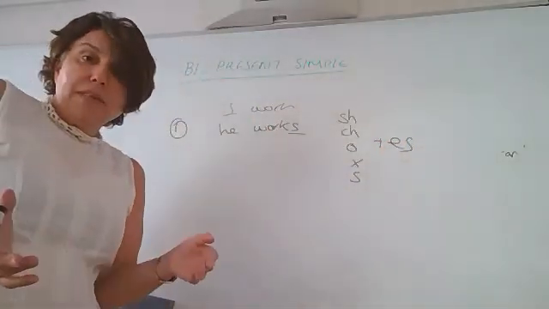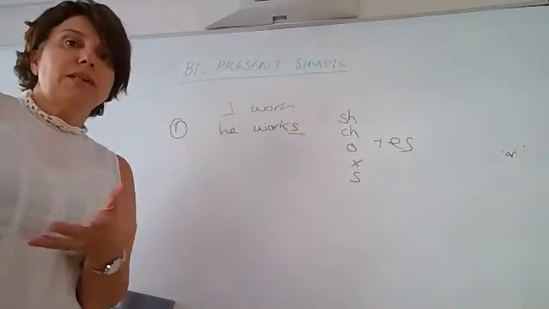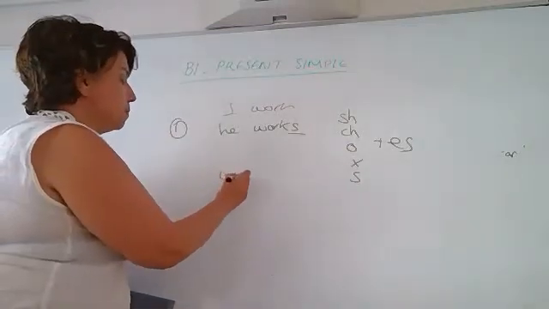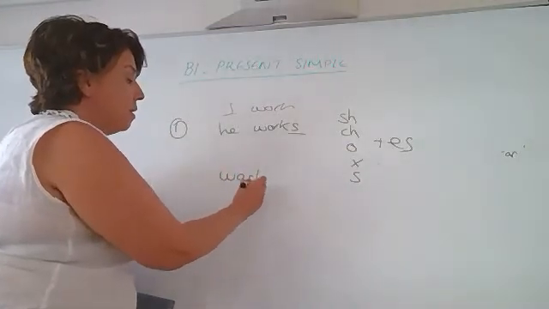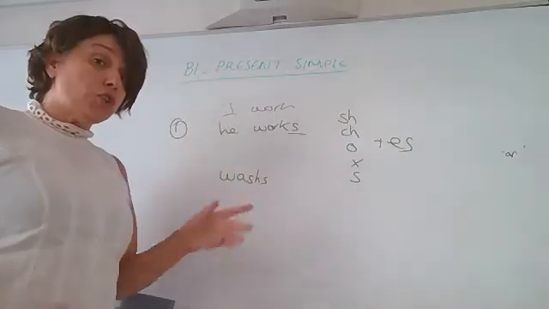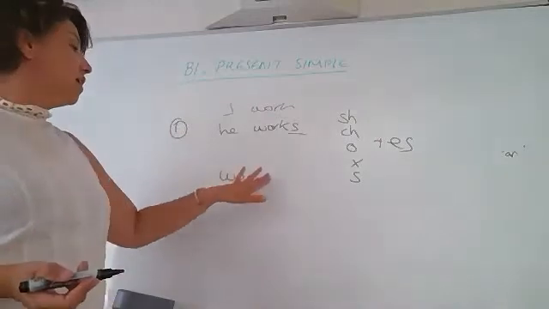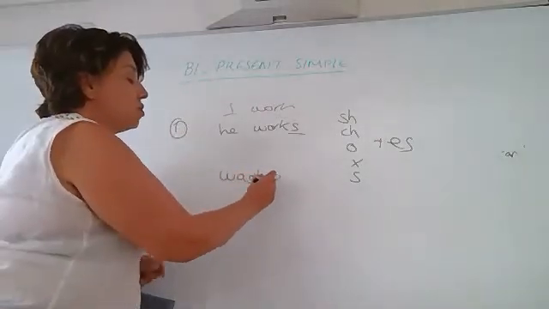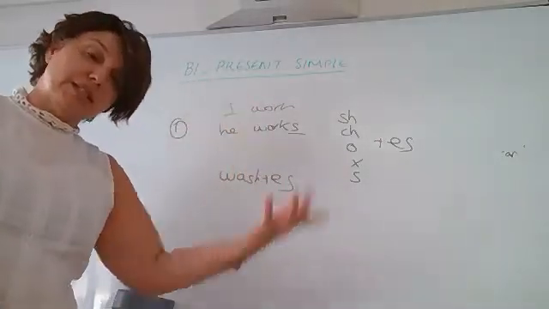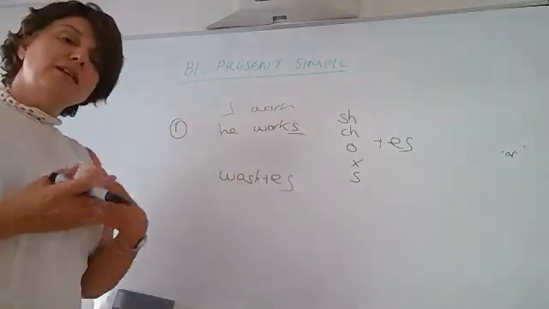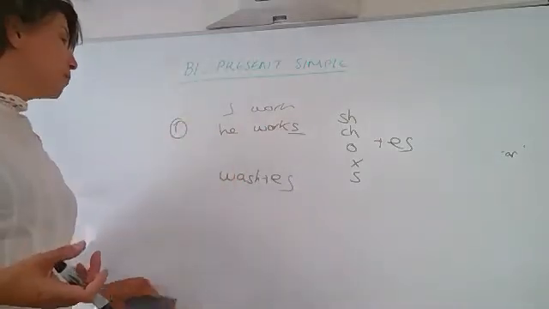Pero eso es básicamente porque sería imposible de pronunciar, ¿no? Si yo tengo un verbo como, por ejemplo, wash, y digo wash, es muy difícil. Por eso añadimos la S, washes, porque nos permite pronunciarlo mejor.